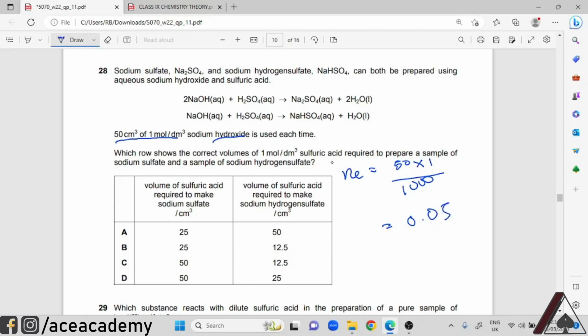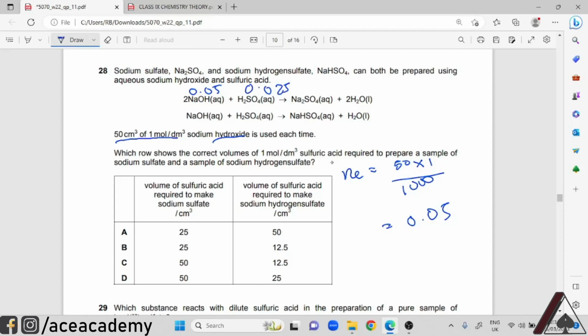And considering the mole ratio, for equation 1 we have 0.05, and for sulfuric acid we get 0.05 divided by 2 because of the mole ratio, so we have 0.025.